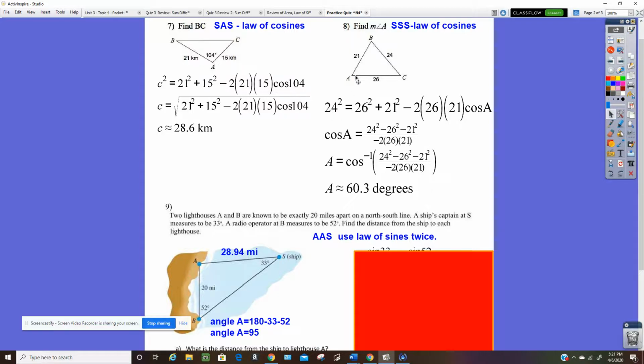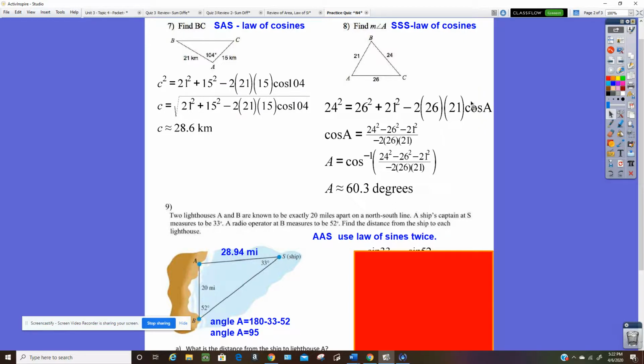That side is your C, and the other two numbers are going to be A and B. Since I'm trying to find A, that's my angle C in C squared equals A squared plus B squared minus 2AB cosine C.